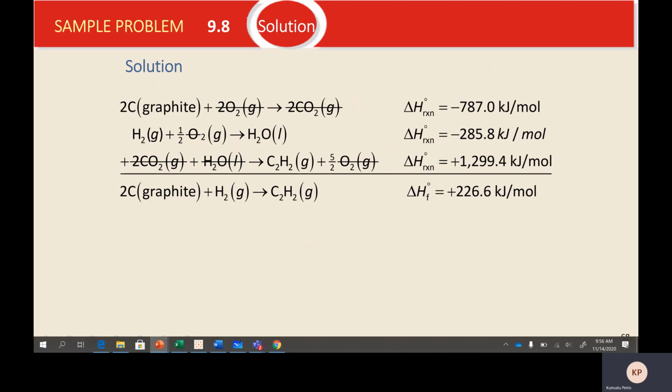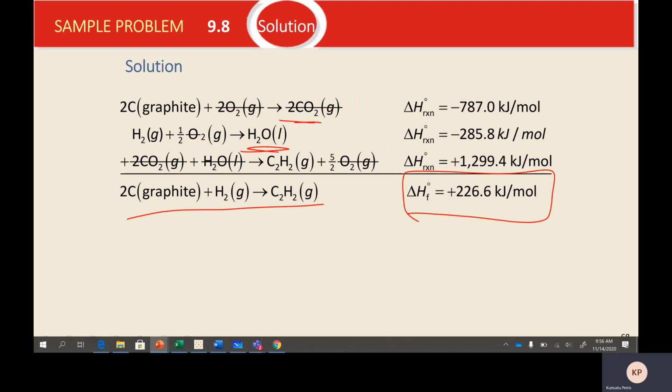Okay, so I added these three reactions, and I got the desired reaction, and obtained the value for this reaction as 226.6 kilojoules per mole. So this is the standard formation of carbon dioxide.